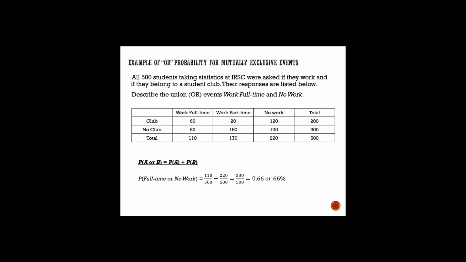So it's going to be the probability of A plus B. In other words, the probability of full-time plus the probability of no work. And that's going to be some marginal probabilities, actually. Probability of full-time, 110 students over the 500, plus the probability of no work at all. Well, there's 220 of those out of the 500.